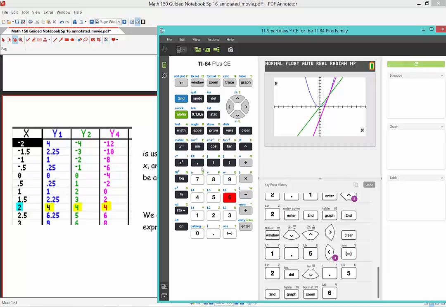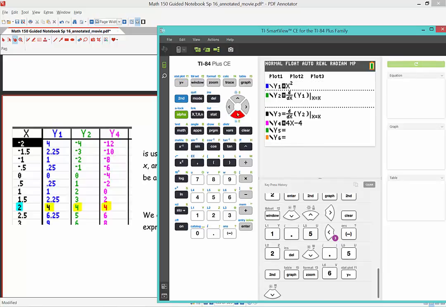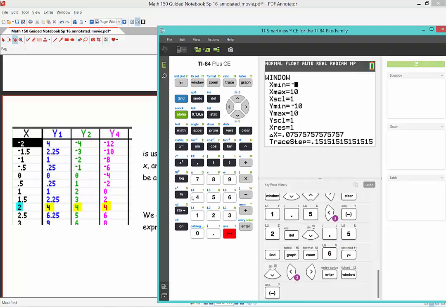And actually, so that we don't get confused, I'm going to take out the graph of the derivative for right now, and just do the 2 graphs. And then I'll start the window at -5 to 20.